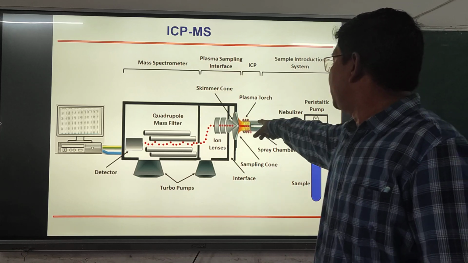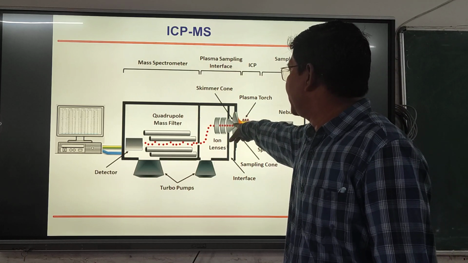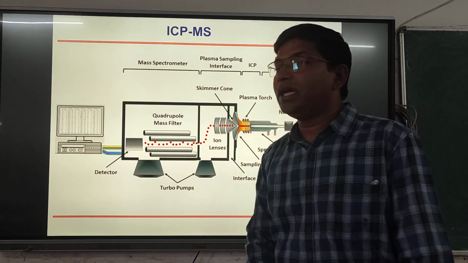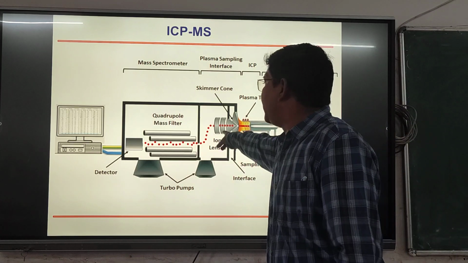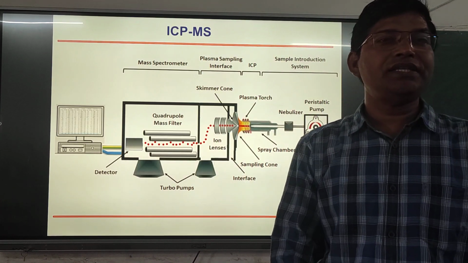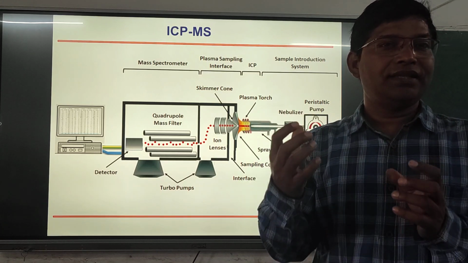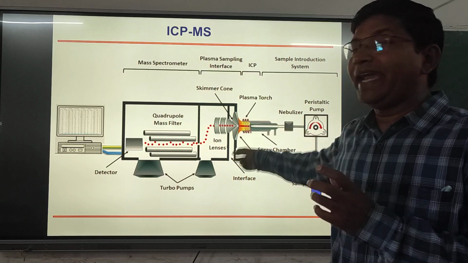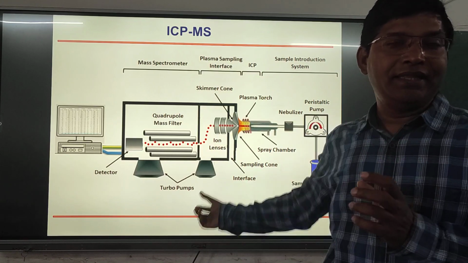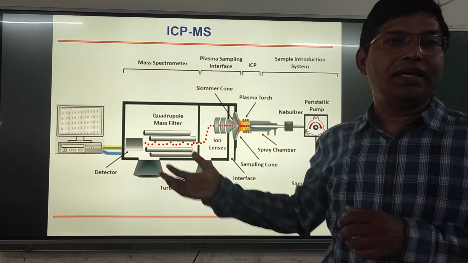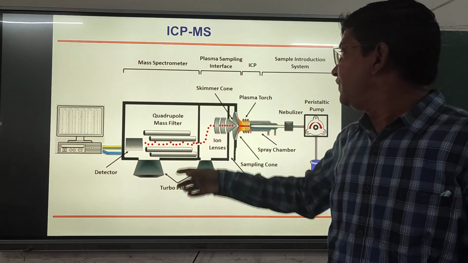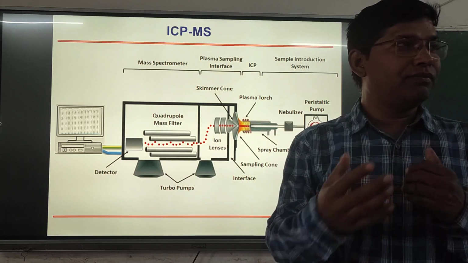After atomization, the element passes through the ion source. What is the use of the ion source? It will ionize the gaseous element coming from the ICP unit.